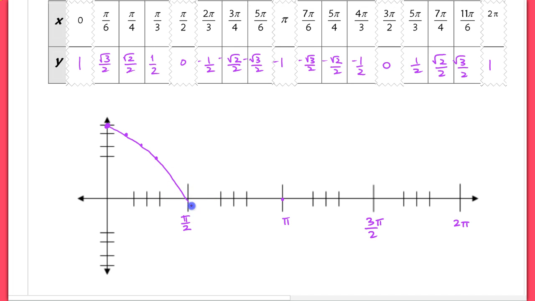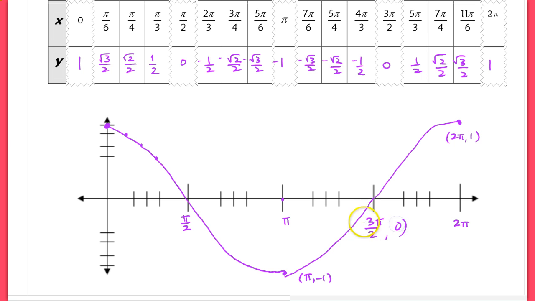And we continue through here till we get to a minimum at pi, -1, and we come back up, hit the x-axis once more, so we have another intercept at 3/2 pi, and we finish the cycle here by coming back up to our max height of 1 at 2 pi. So we have 2 pi, 1 here, and that was 3/2 pi, 0.